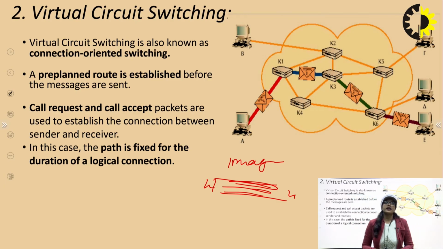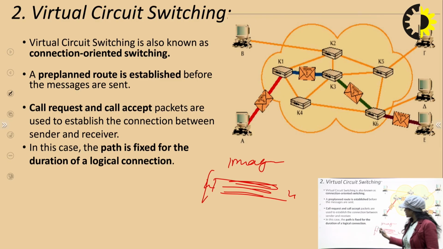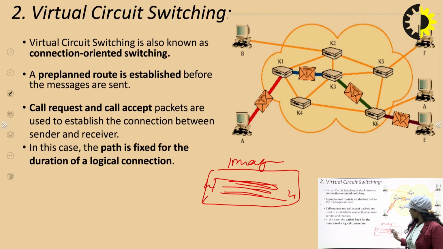Virtual circuit switching is also known as connection oriented. It is not a dedicated connection, but it makes you feel like a dedicated path between the sender and receiver. This is the property of virtuality. And a pre-planned route is established before the message is sent.